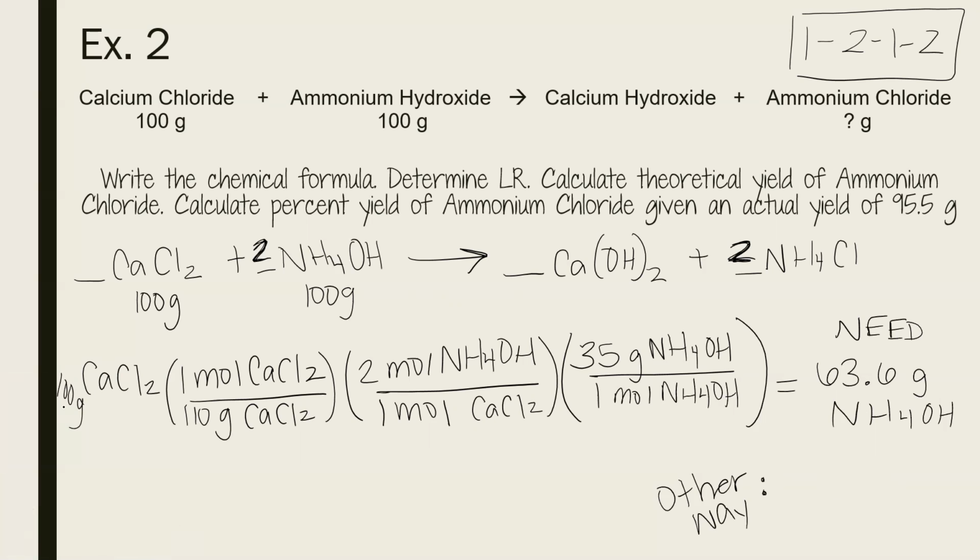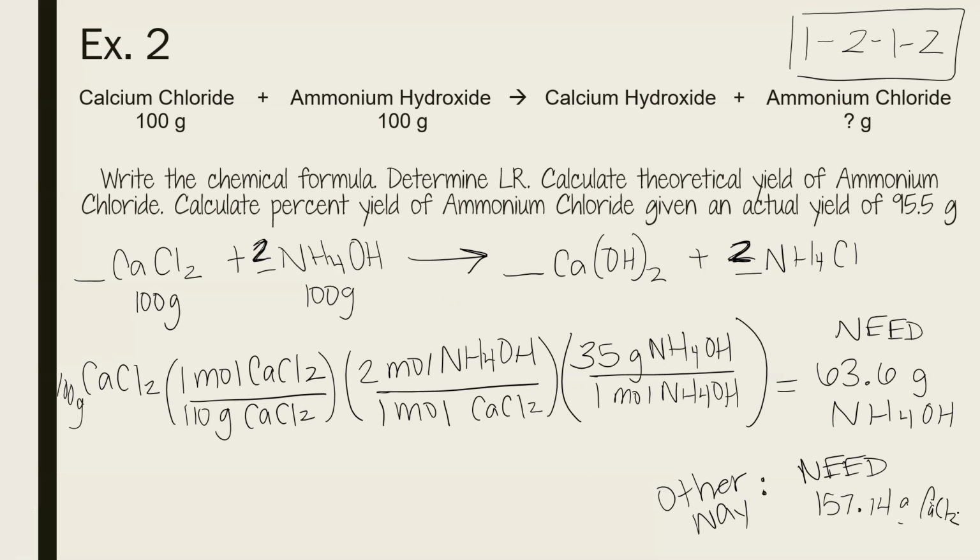Okay, if you did it the other way, if you started with 100 grams of NH4OH, you would get that you need 157.14 grams of calcium chloride.